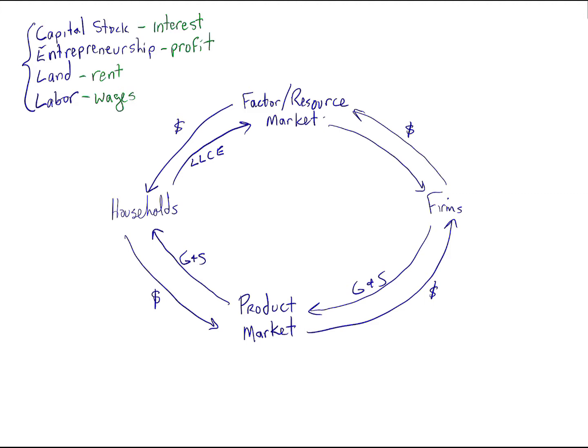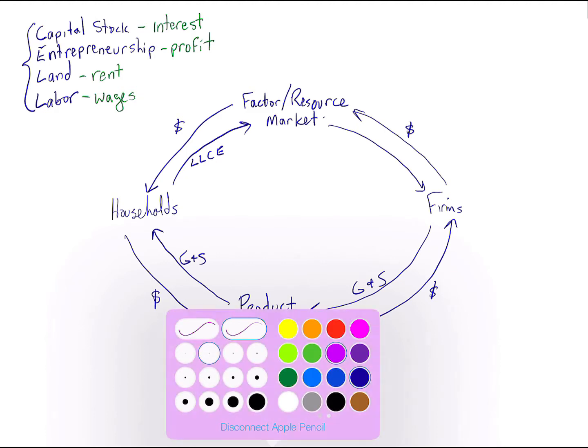Now, if you think about it, do households spend every dollar that they have on the product market? And the answer is no. They don't. There's at least three other major things that households spend money on. So let me put this in a different color. I'll use purple.